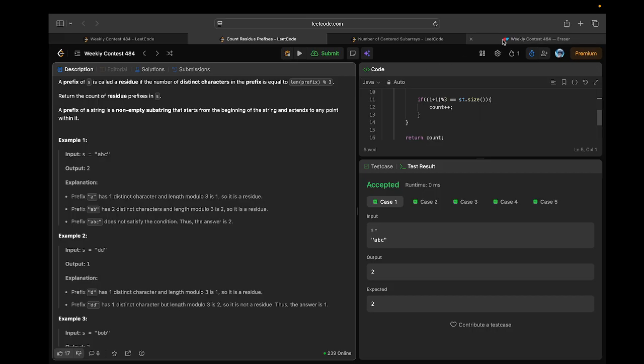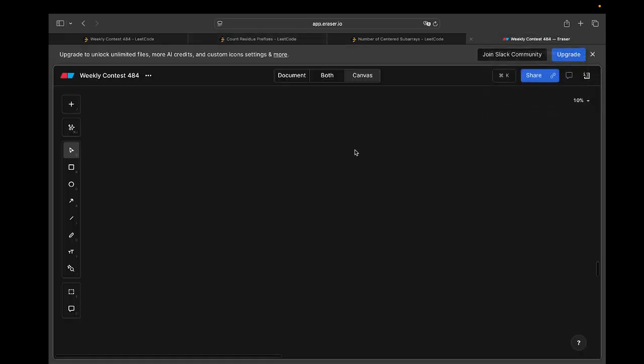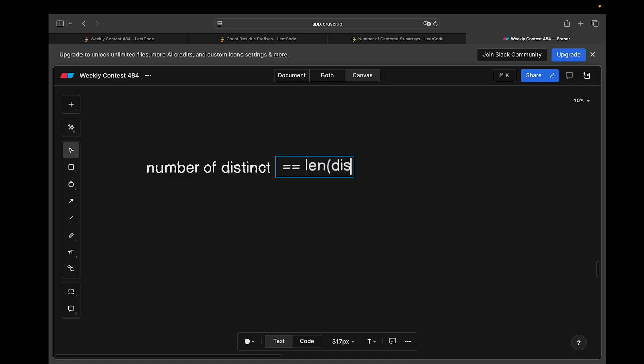So what they are asking us is that the number of distinct characters should be equal to the length of the prefix, mod 3.